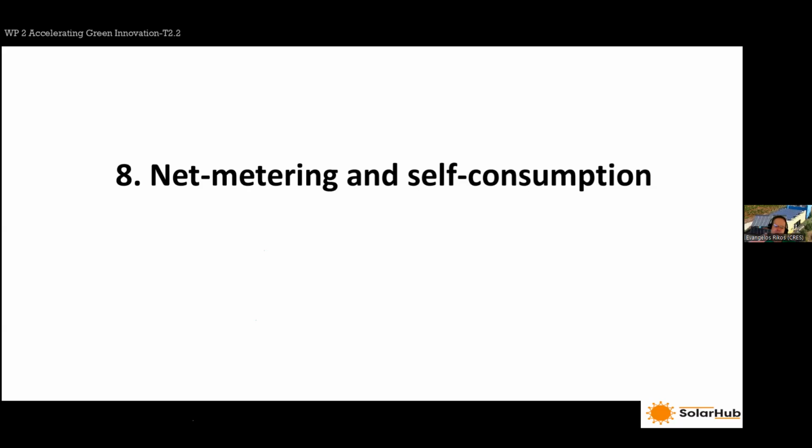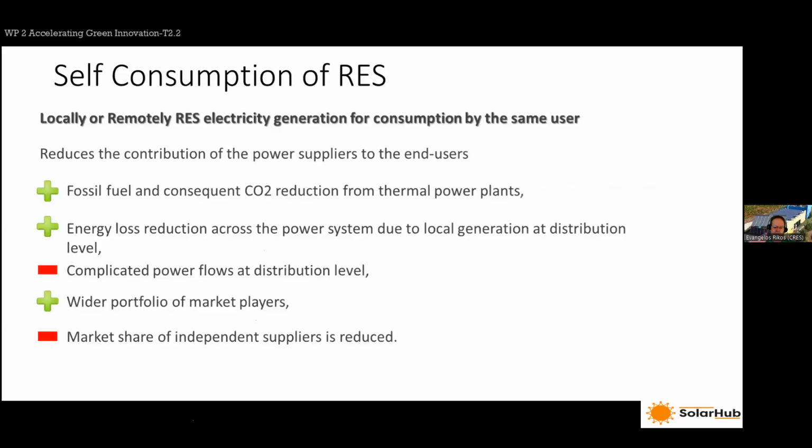The most important scheme used by many countries is the net metering scheme. I will be explaining to you what this means and how it is used, mostly using the example of Greece, where this is a well-established scheme for farmers.